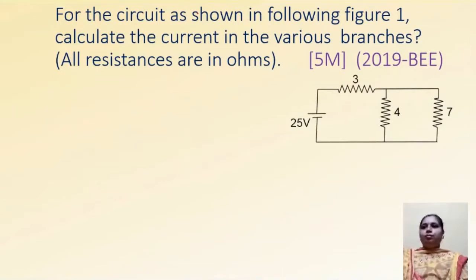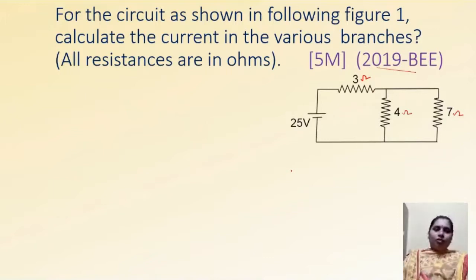This is a problem from the 2019 BW exam. For the circuit shown in figure 1, calculate the currents in various branches. All the resistances are in ohms. For every element, you need to note the units, which gives you an idea of what you are going to calculate.